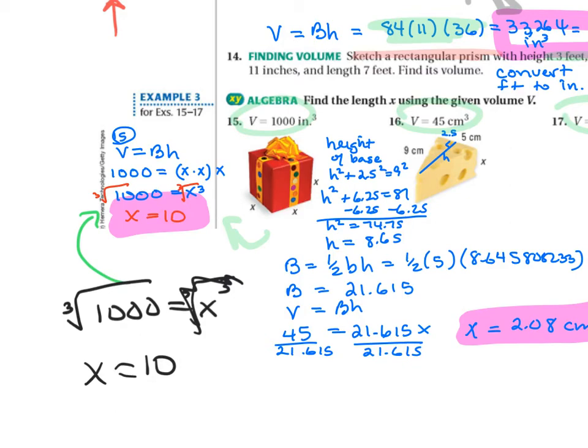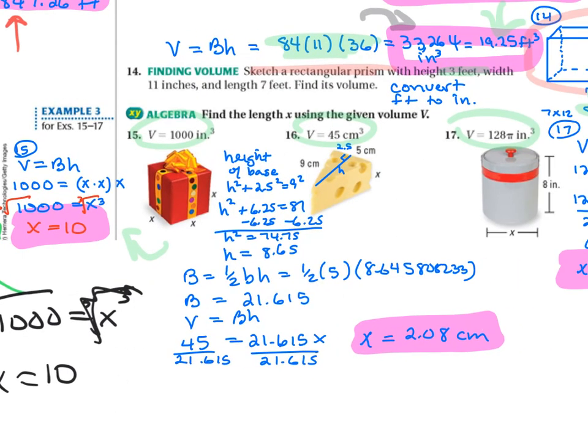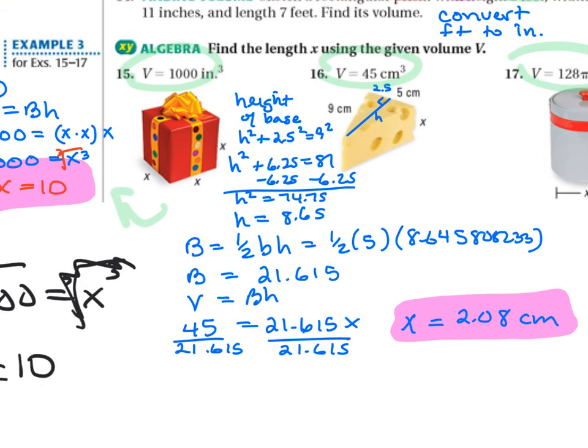For number 16, this one was challenging because this was not a right triangular prism. So what we needed to do was take this base, this triangle piece on the top of the cheese, and turn it into a right triangle. As soon as I draw in my altitude, I've now formed a right triangle.